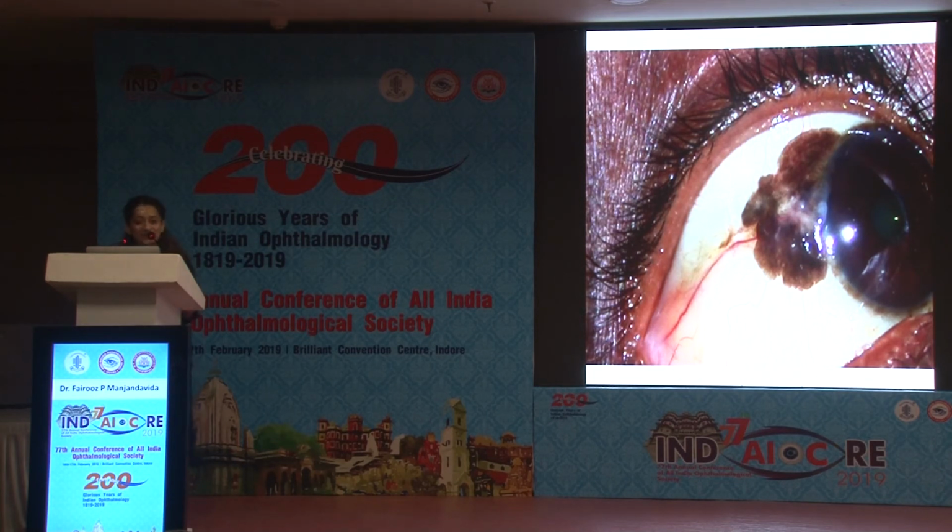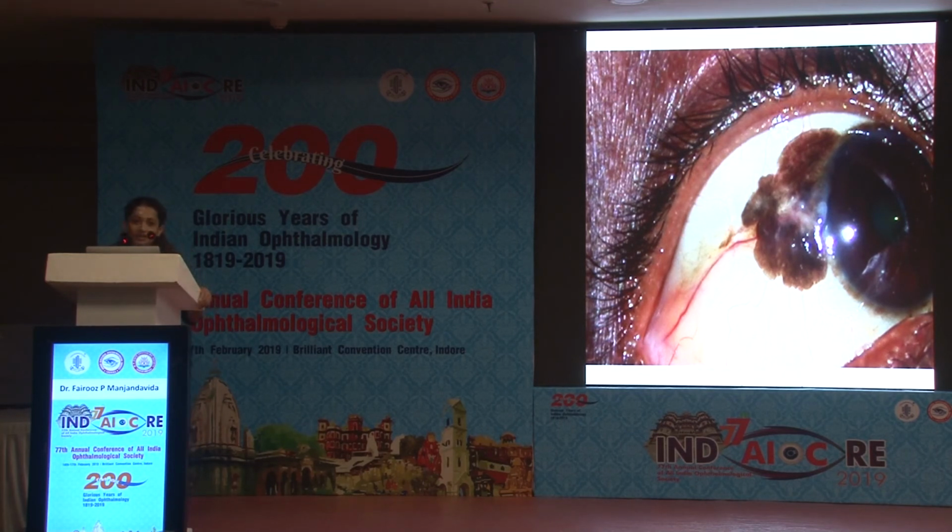Yes. So this is an OSSN. And why do you think it's OSSN? Please, why do you think it's an OSSN? Why do you think it's an OSSN and not a melanoma here?